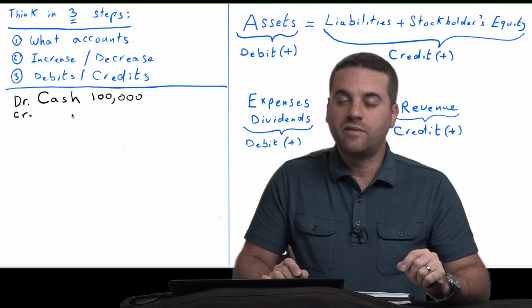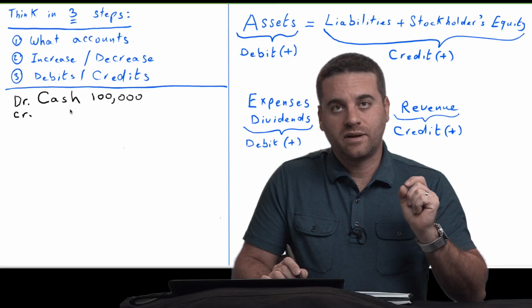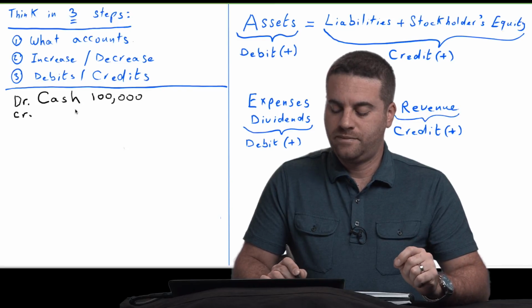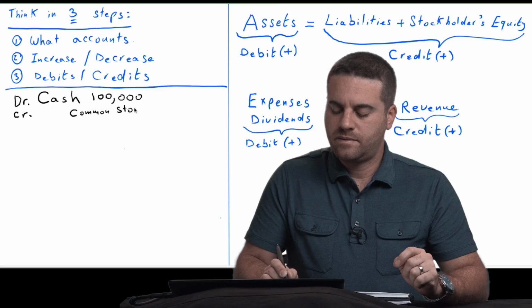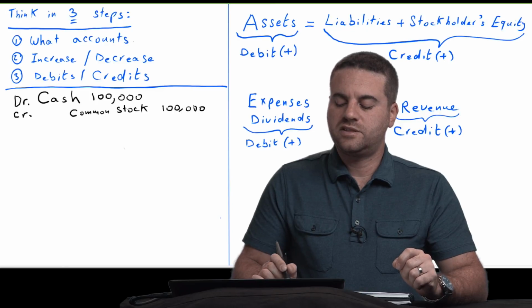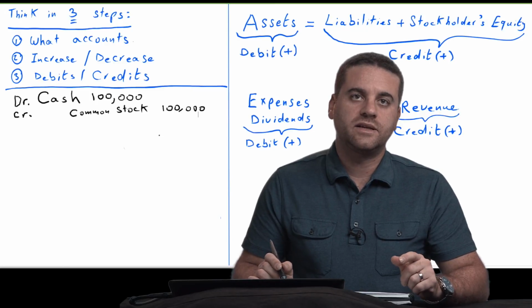So that's what we should do every time we record the account that we're crediting. Okay. So I'm going to leave a space, and then I'm going to write down common stock, $100,000. I just finished recording our first journal entry.